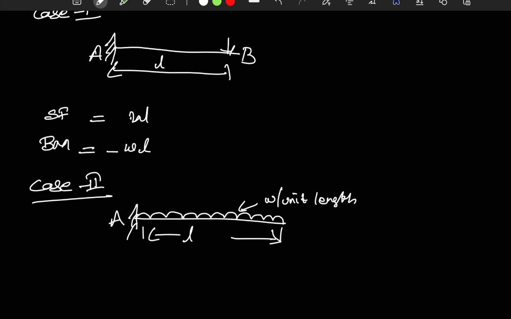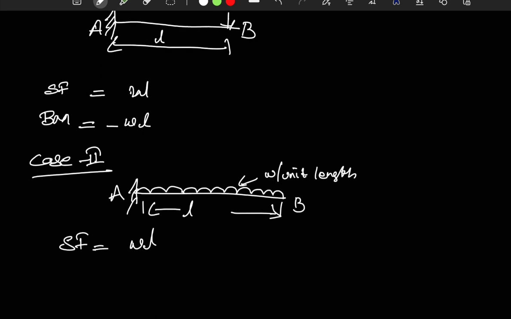It is A, it is B. The shear force formula is WL, where W means load and L means distance. The bending moment formula is WL square by 2, negative. Bending moment and shear force are maximum at A.